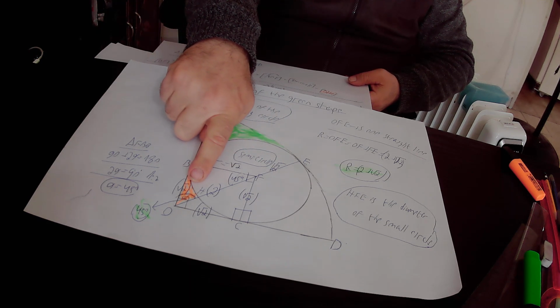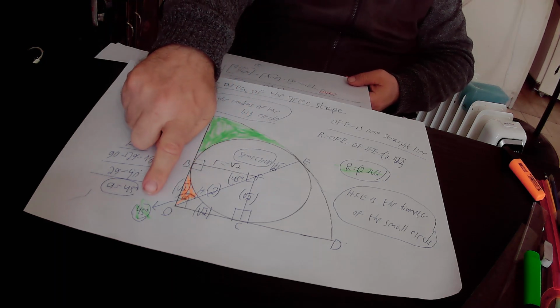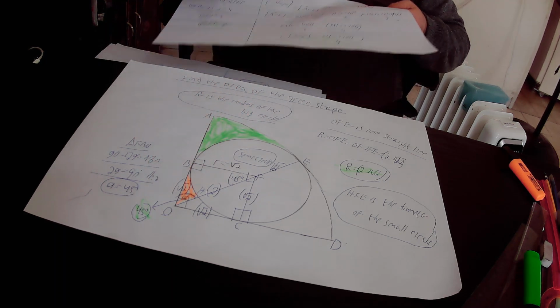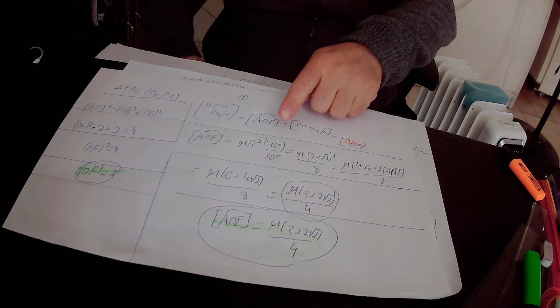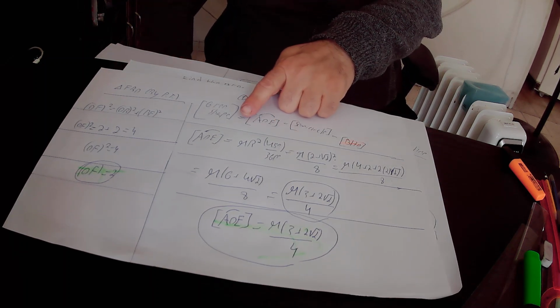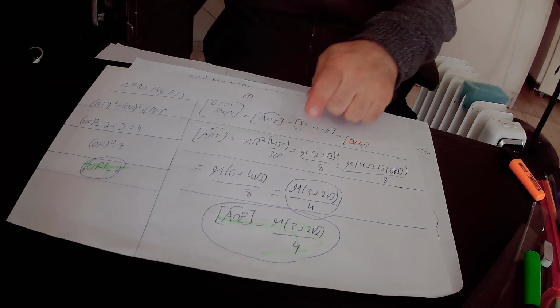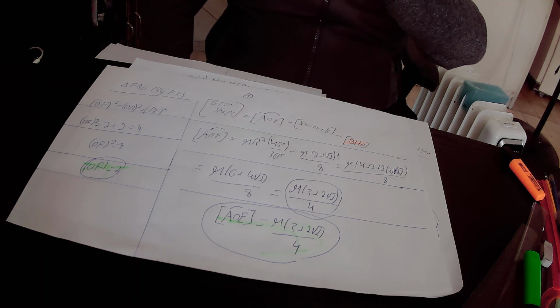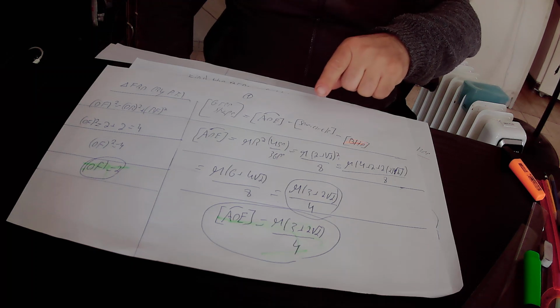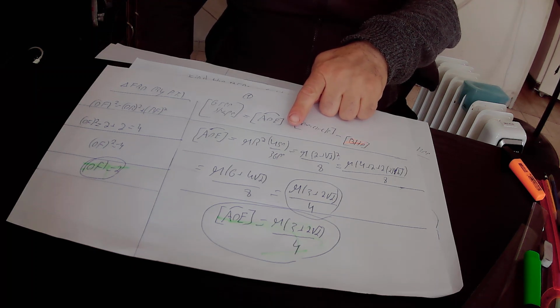This is the angle between the legs of this sector AOE, that is actually equal to 45 degrees over 360 degrees. So in total, the area of the big sector AOE equals pi R squared times 45 degrees over 360 degrees. We have already found out that capital R equals 2 plus square root of 2.